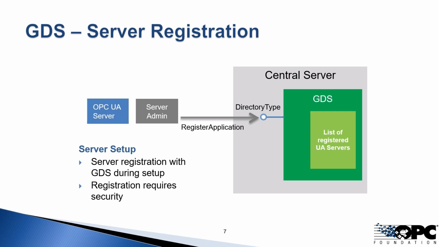So typically, of course, the server registration will happen during setup at some point in time, and that registration, of course, requires security of this server admin to allow this registration to occur.